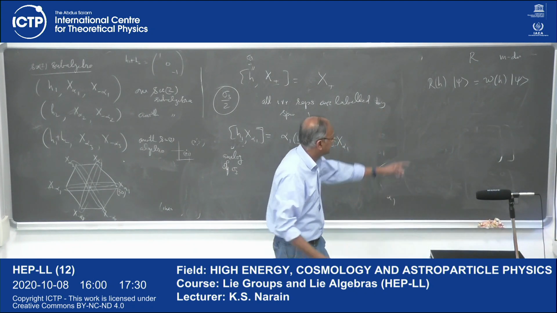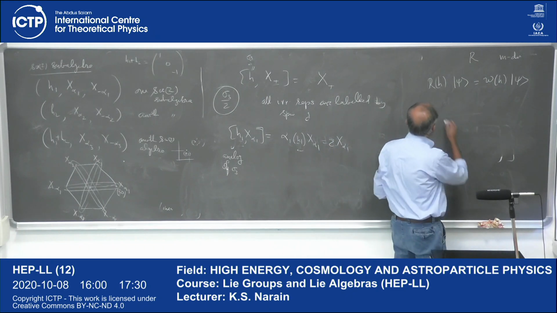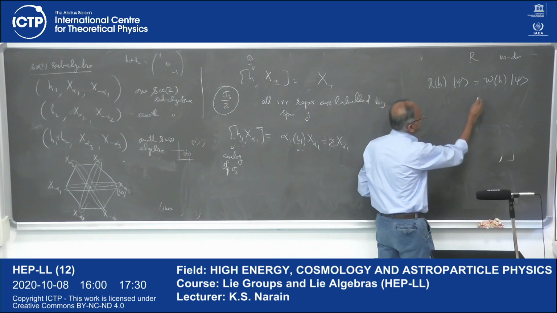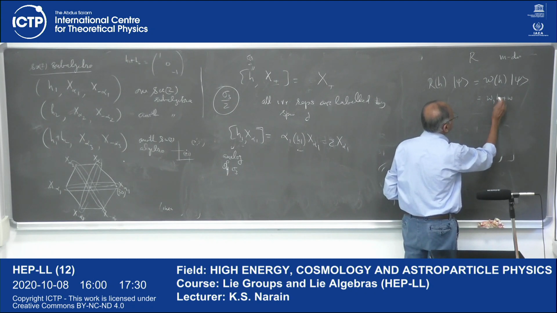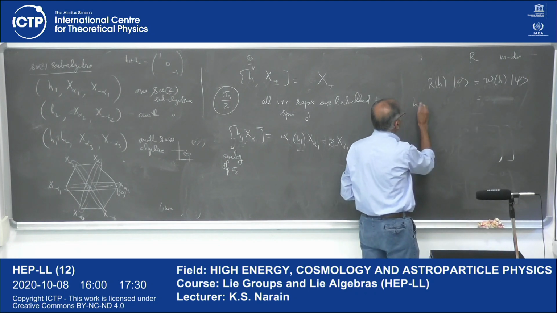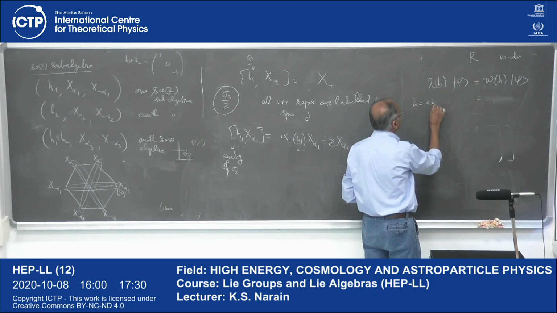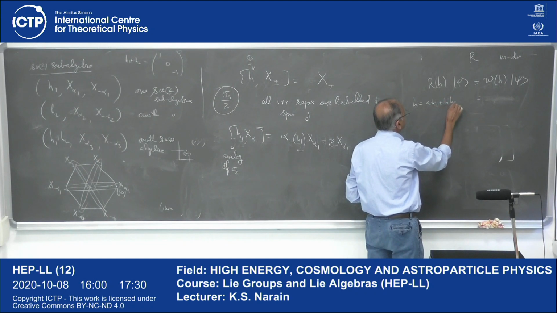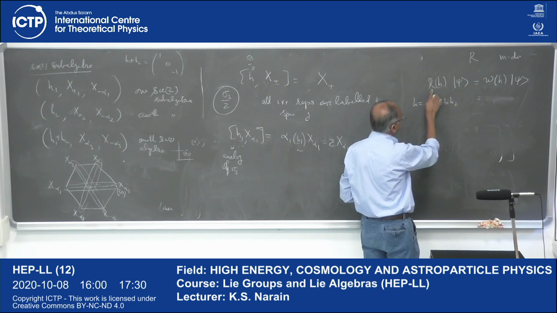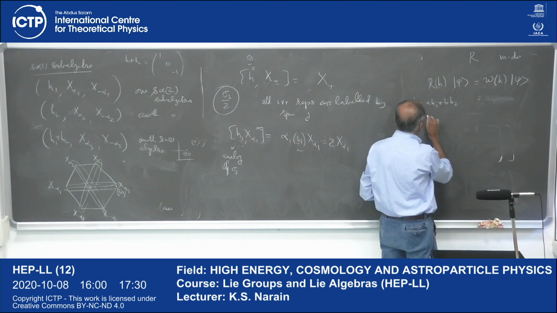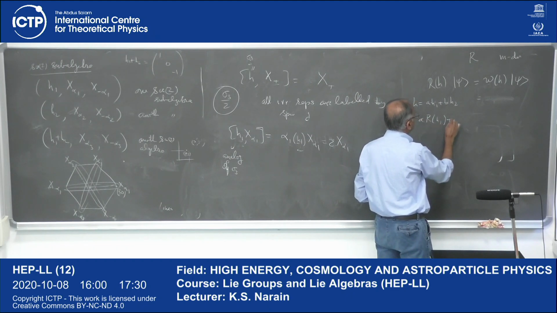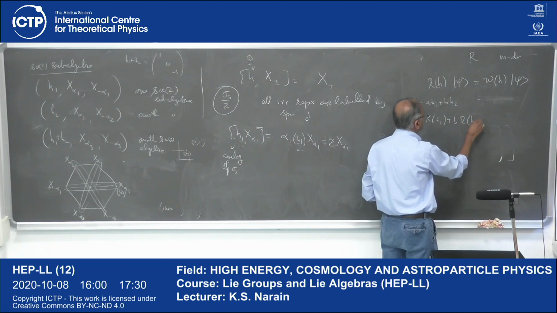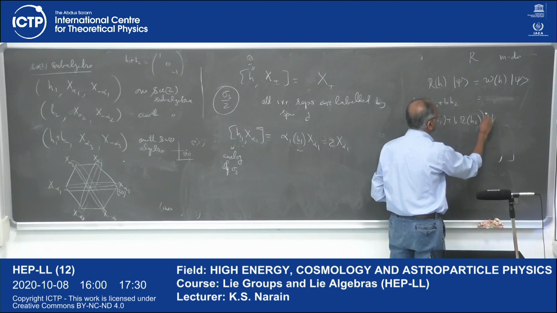This simply means that this will be like W1 H1 plus W2 H2. If I write H equal to A H1 plus B H2, then since this is a linear function, this is going to be A times H1 plus B times H2 acting on psi.